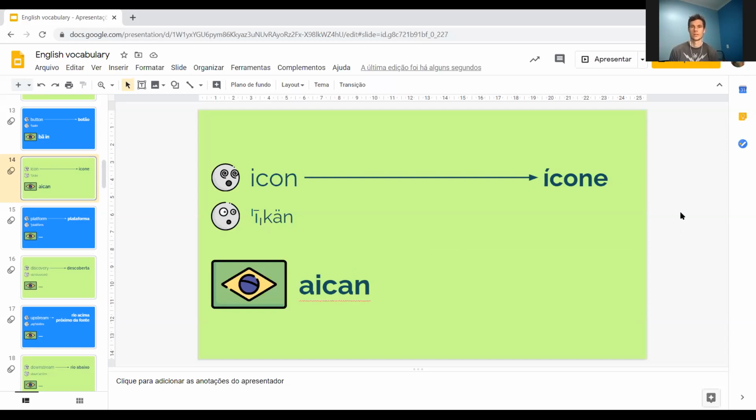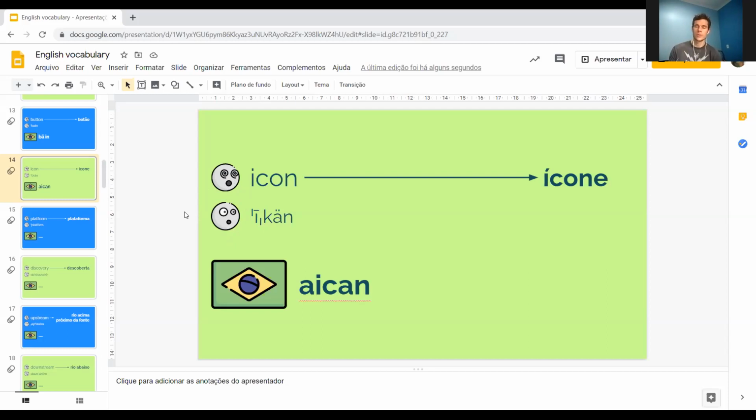So in a phrase, I've got a few icons here. Okay, say the sentence one more time. I've got a few icons here. One, two, three.